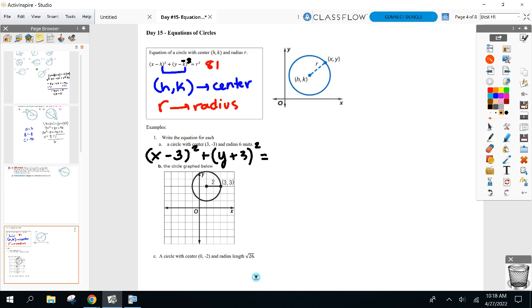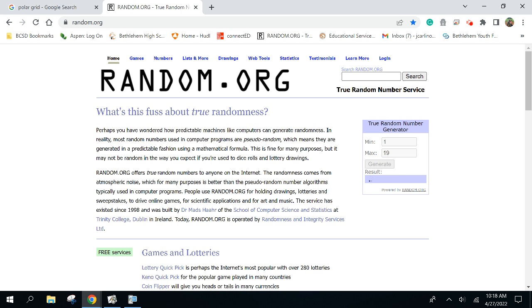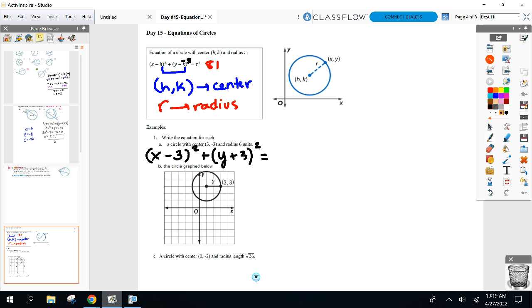I'm not putting 6 there. I need to put the radius squared there. So what number do I want to put there? I don't want to put 6, because that's not the radius length squared. 6 squared. Yep, 36. There's your first circle equation.